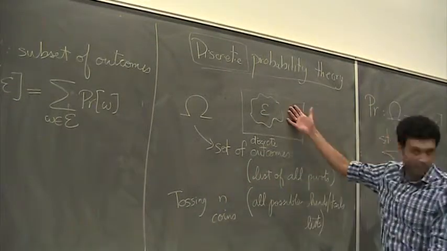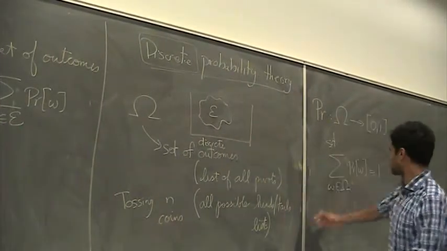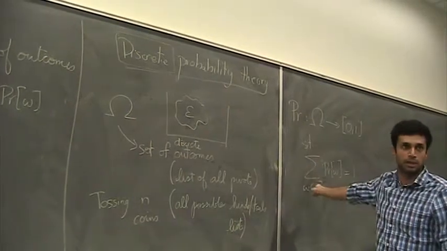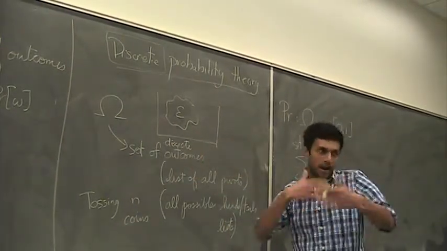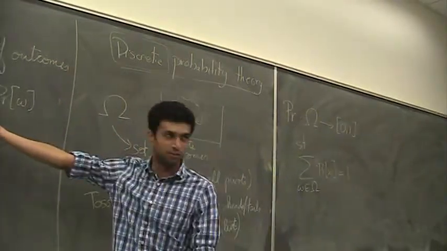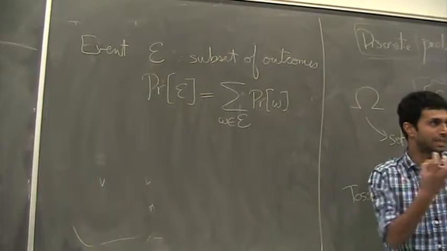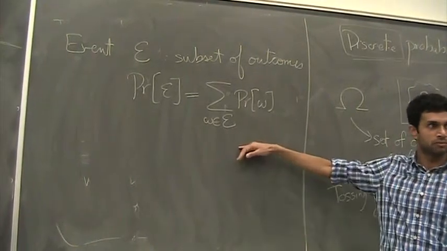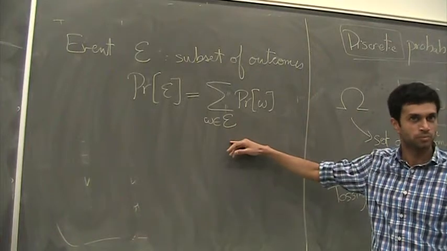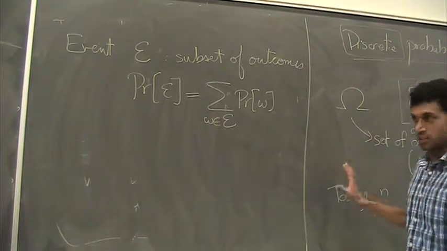You just have a set of outcomes. Each outcome has an associated number. You call that number the probability. But in terms of the math, it often doesn't care. It's just some number. And then the probability of any event is just the sum of the probabilities of each thing in that event. Okay? So there's nothing mystical about this. You understand events.